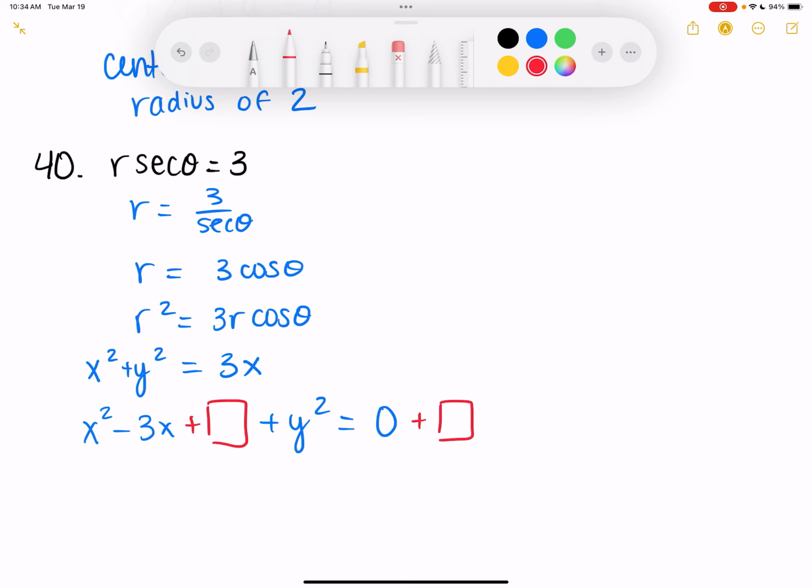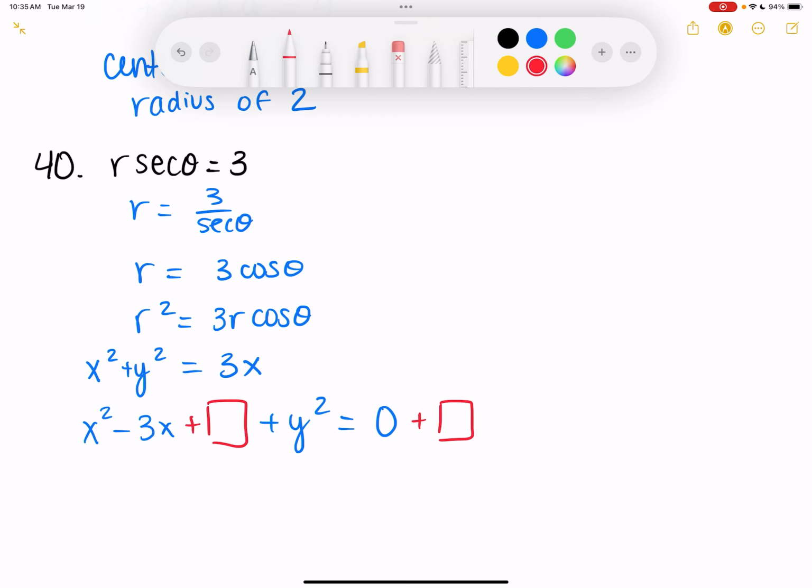So what is half this middle term squared? 2.25. That's my guess. As a fraction is what?